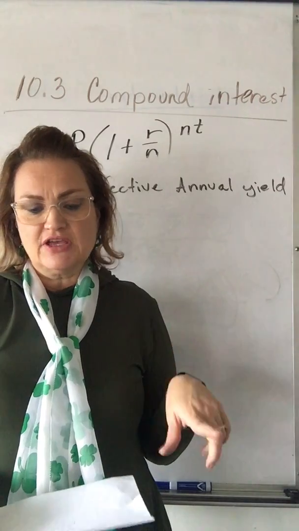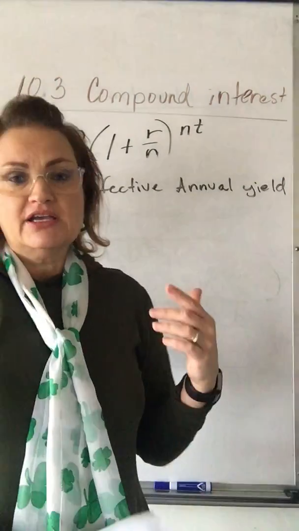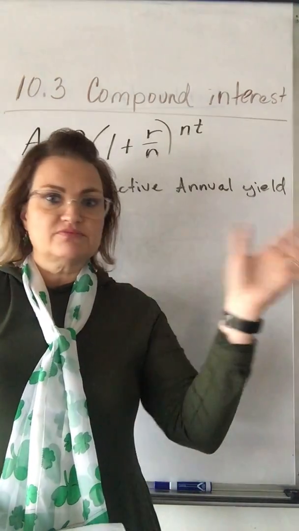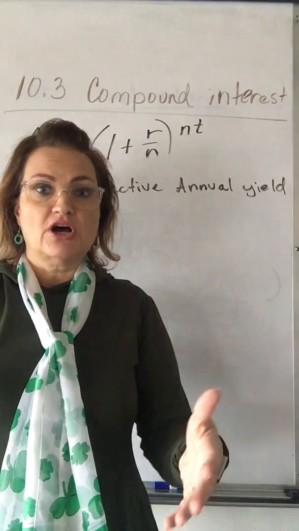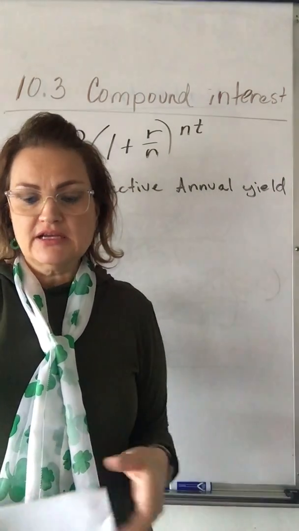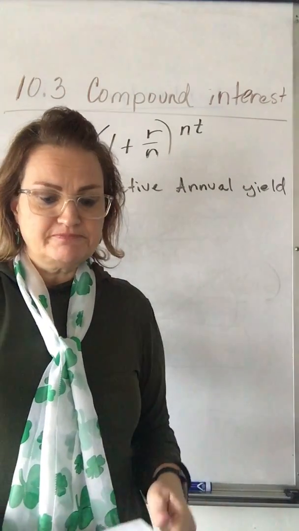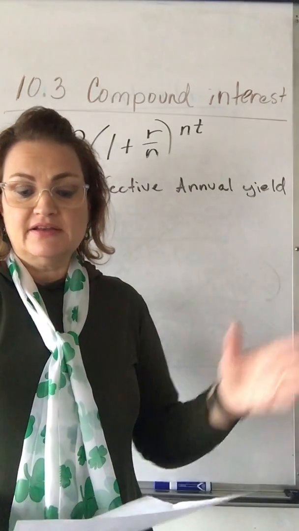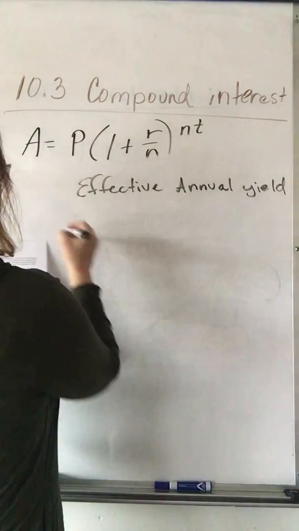How they figure out the effective annual yield, and I've got it listed for you here, is you just do $1, because it doesn't matter what the principal is when we're figuring out this rate. It's going to be the same whether it's $1 or $1 million. So you just do it with $1 for 1 year, and then figure out how much your dollar grows, and that will help you figure out the percentage.